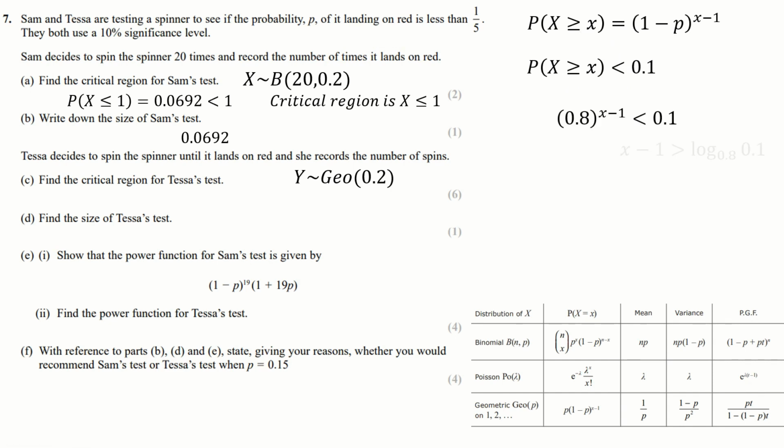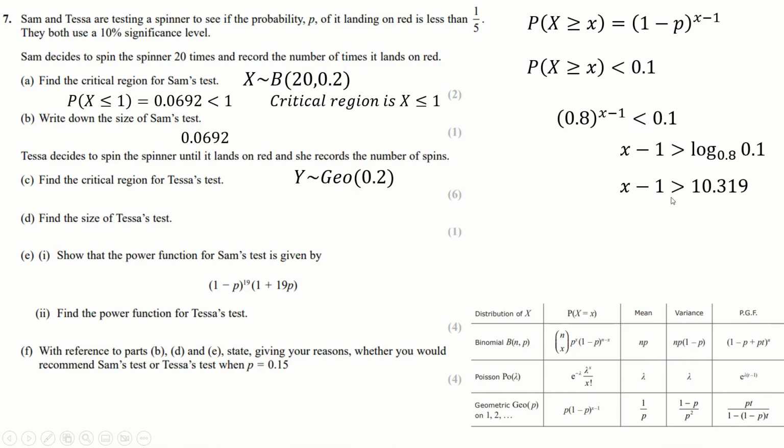You can take logs of both sides. Now be careful. When you take log of both sides here, log of 0.8 or log base 0.8, that flips the sign here because that's just what happens when you take logs. It's a bit like timesing by -1, and you just flip over the sign.